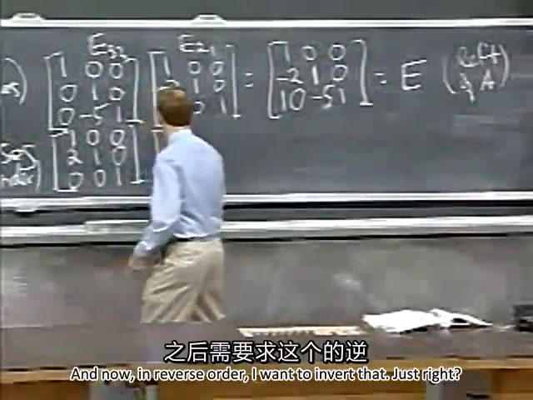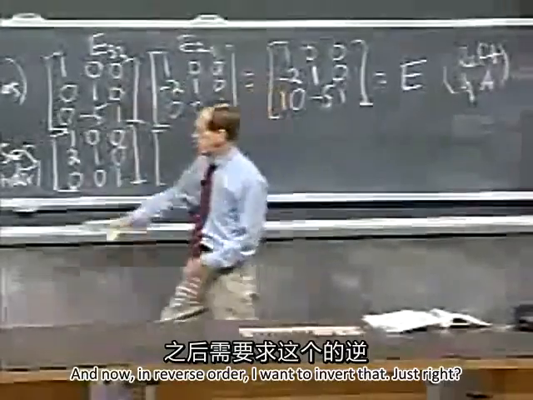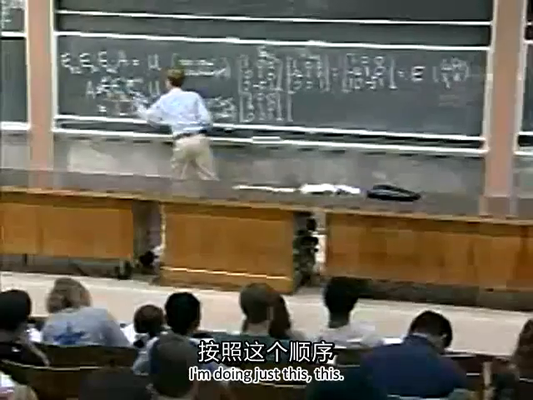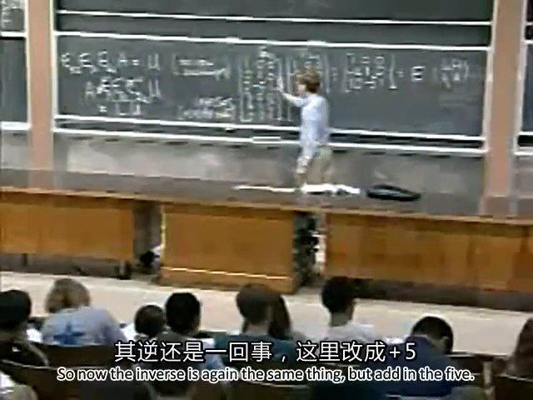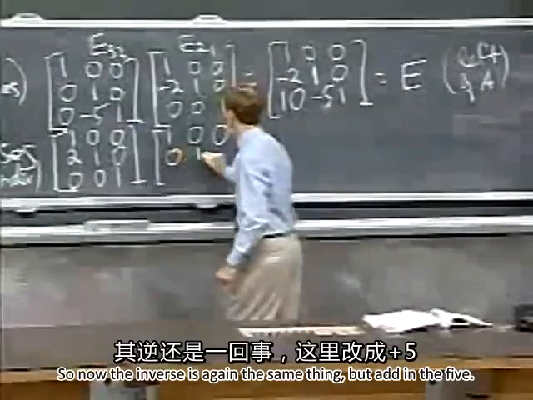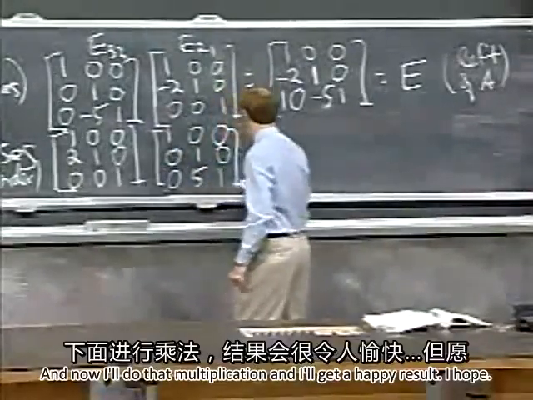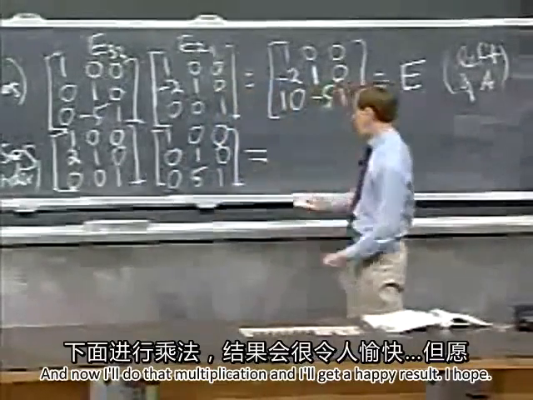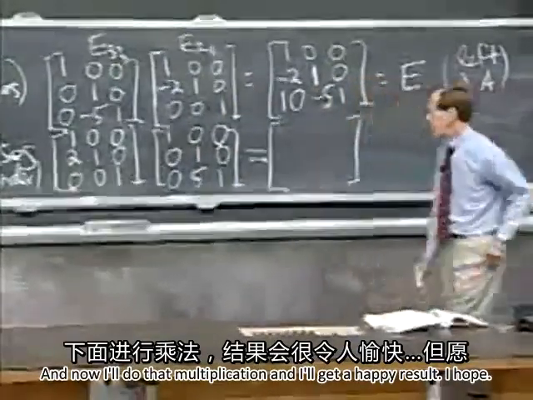And now, in reverse order, I want to invert that. Just this, right? So now the inverse is, again, the same thing, but add in the 5. And now I'll do that multiplication, and I'll get a happy result.